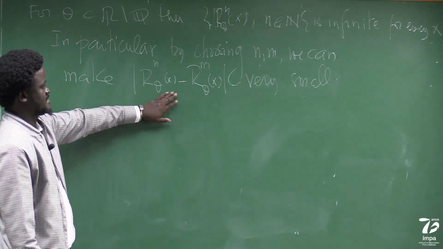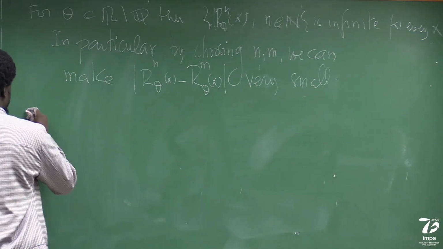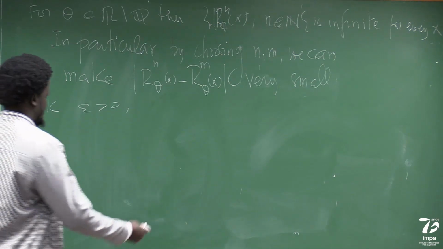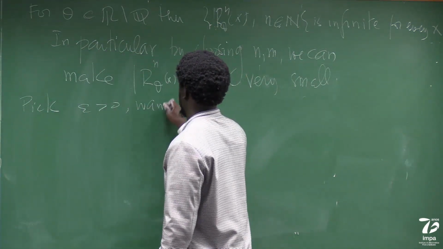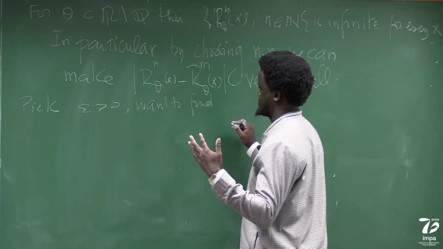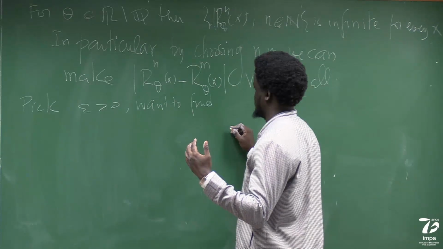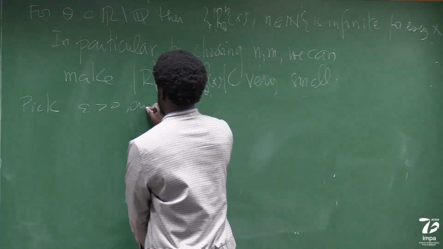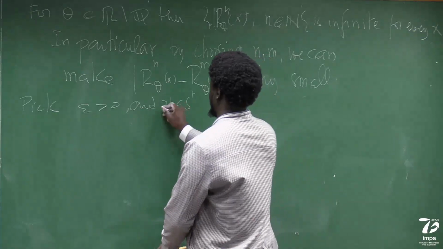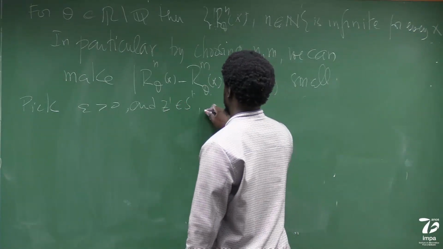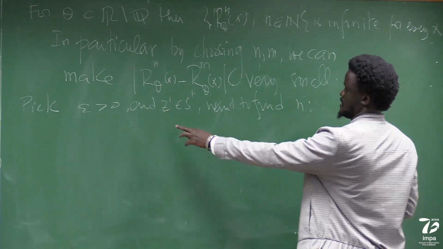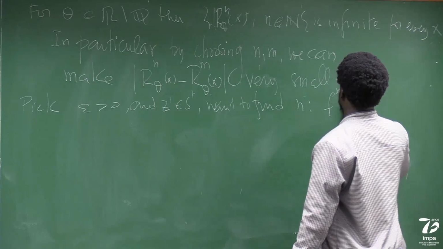Now, to prove that the orbit of x is dense, you pick an epsilon positive and an x prime in S1, or z prime, and you want to find n such that R_theta^n z is in the ball of z prime, epsilon.